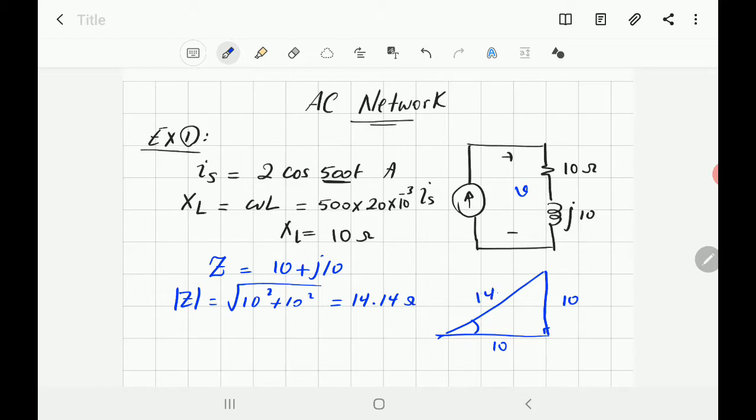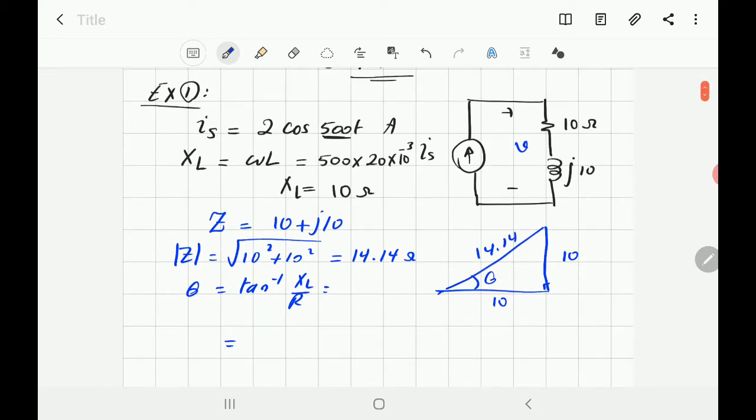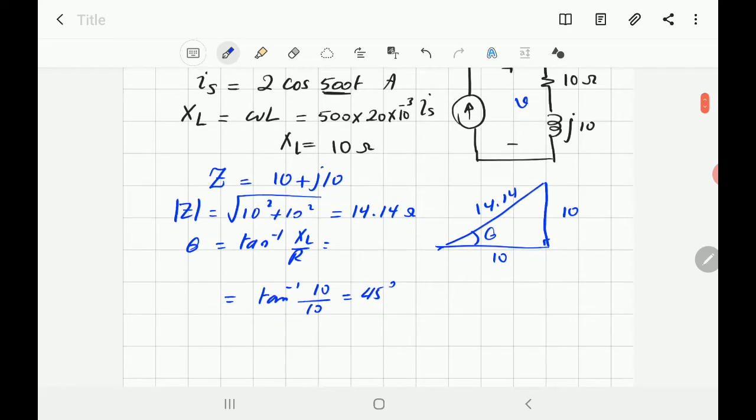So that's the value of Z. To find the angle theta, theta will be tan inverse of XL over R, which is equal to tan inverse of 10 over 10, which is equal to 45 degrees. So now we can write Z is equal to 14.14 on angle 45 degrees.